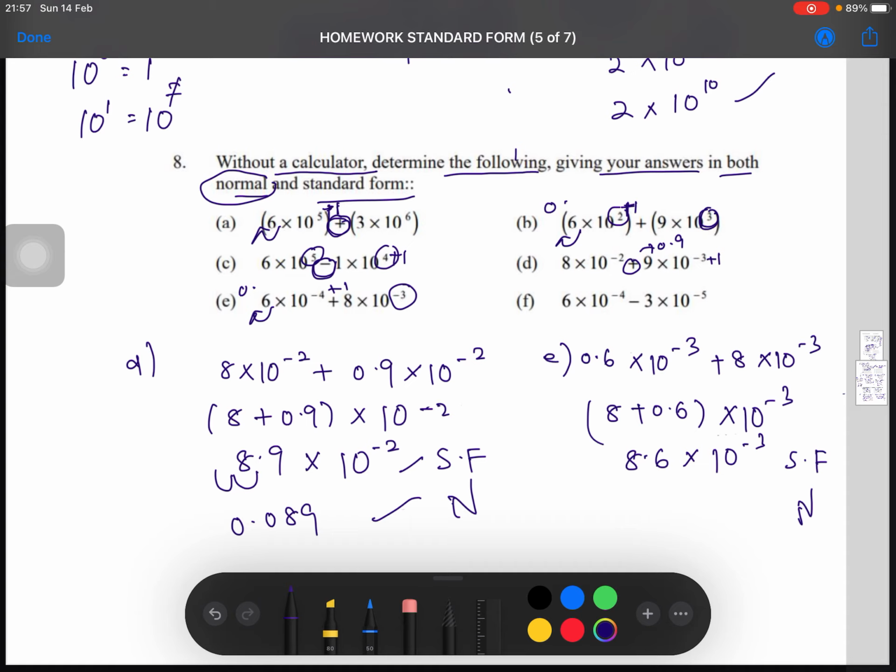Normal is 0.0086. Okay, this one normal, this one standard form.